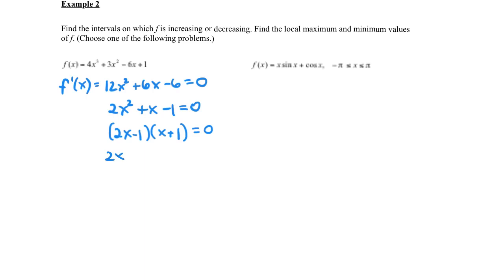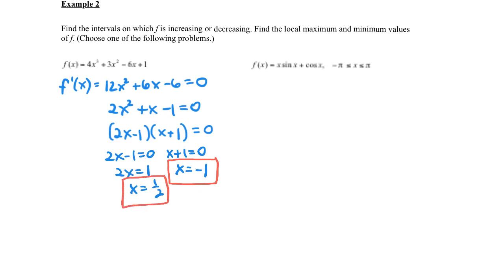So we could have that 2x minus 1 equals 0 or x plus 1 equals 0. In this case, 2x equals 1, so x equals 1/2. In this case, x equals negative 1. So we get two critical numbers. Right, so these are our critical numbers.